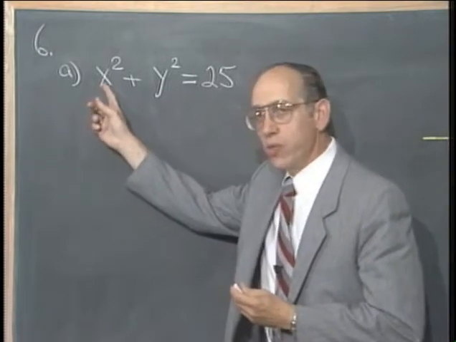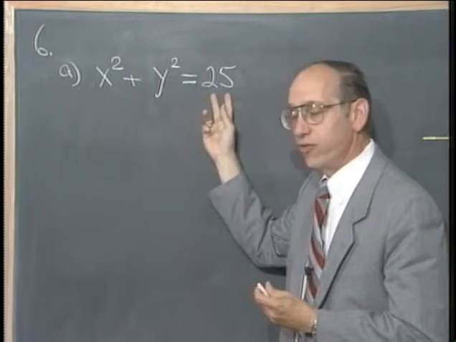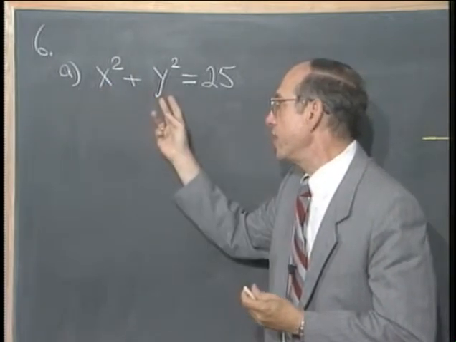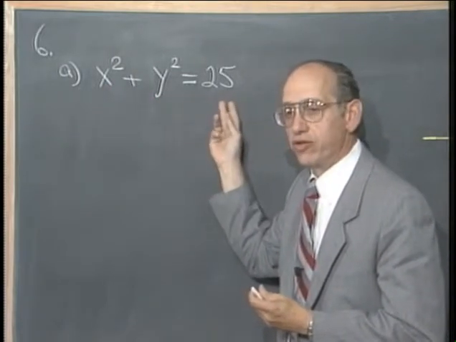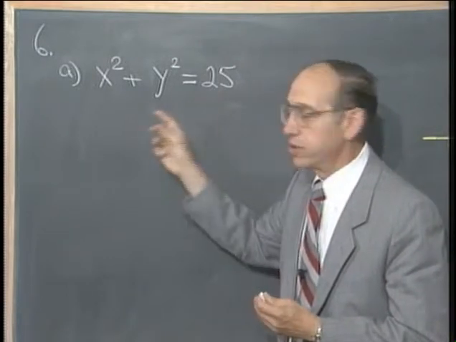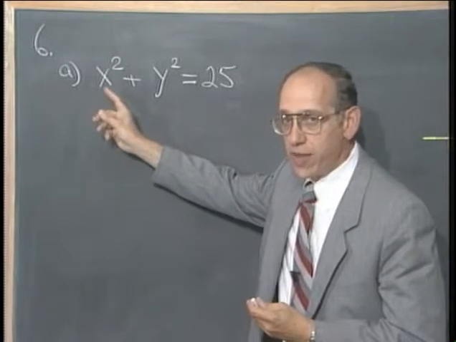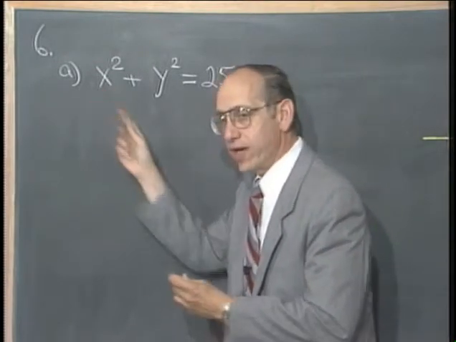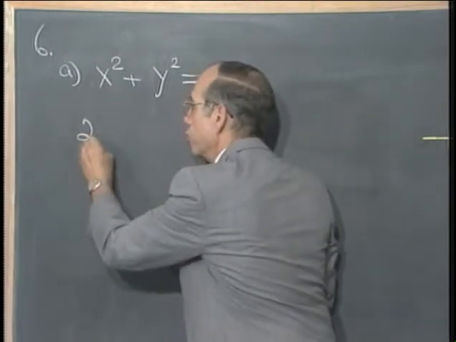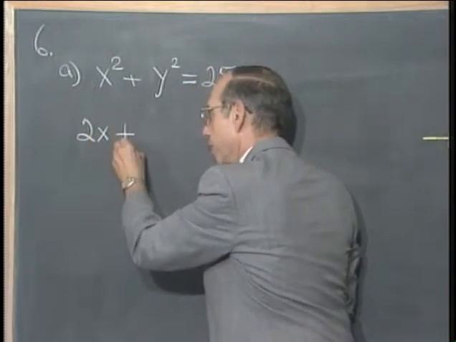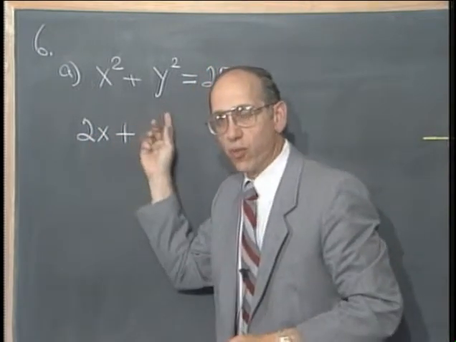Here we have x squared plus y squared equals 25. Since this side is equal to this side, their derivatives are going to be equal. So we take the derivative of x squared with respect to x, remember. The derivative of x squared we know is just 2x. Plus, we take the derivative of y squared.